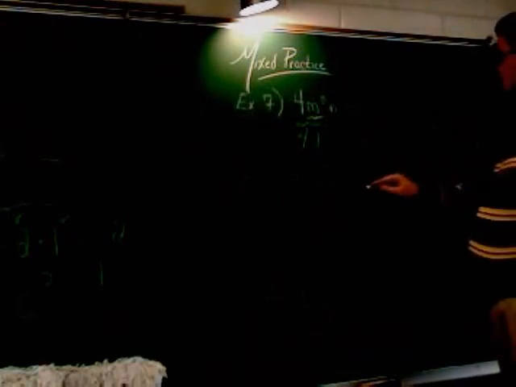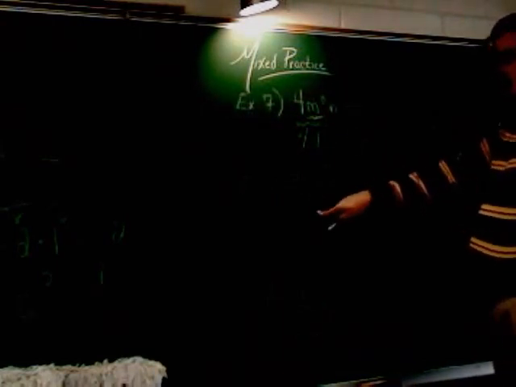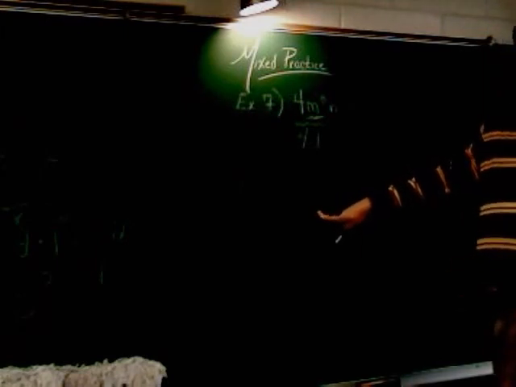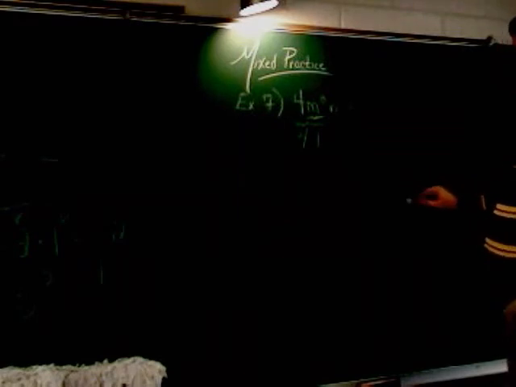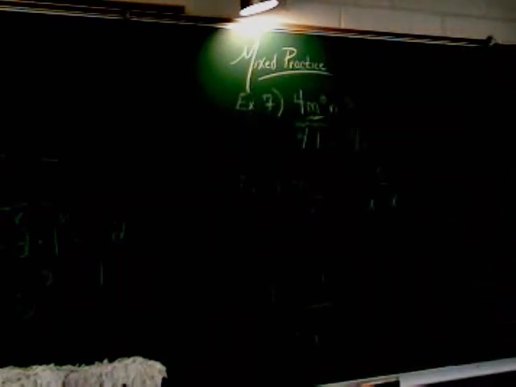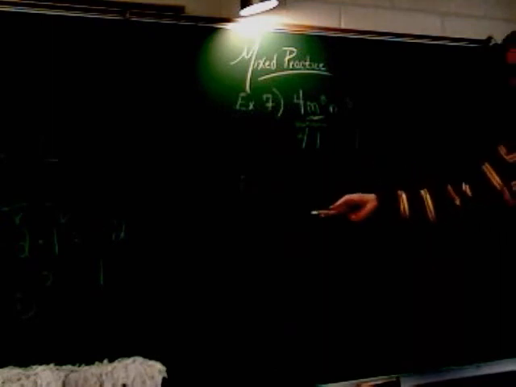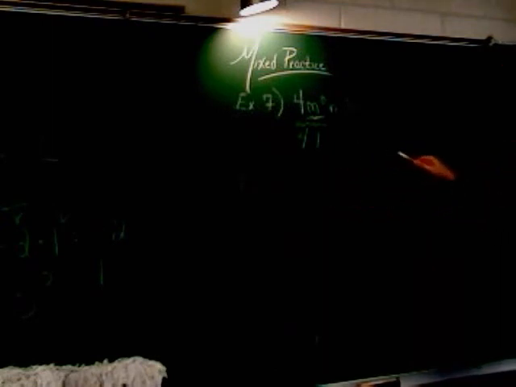So I've got 8 over x, this x, I didn't touch that x yet, it's still there, times the x to the 3rd, which is what I brought down to the bottom. Okay, you all see what I did there? I just took the x to the 3rd part and brought it to the bottom. The 8 is still on the top. This x is still on the bottom. The only thing that moved was that. That's the only thing I did.